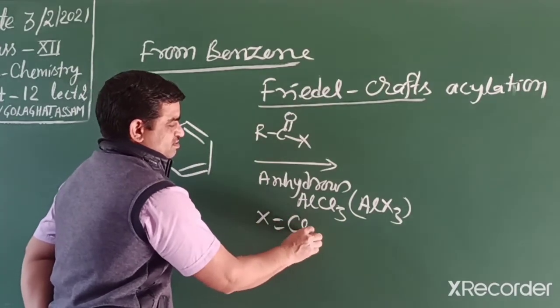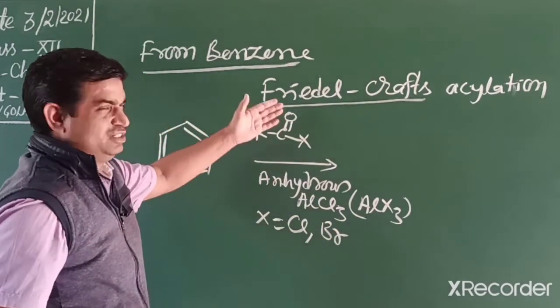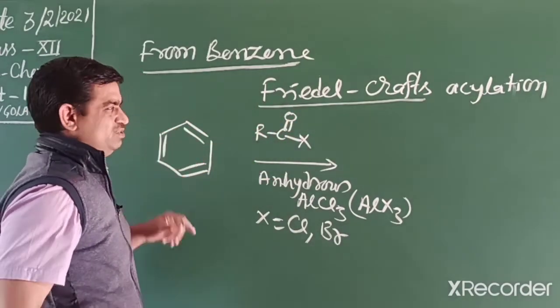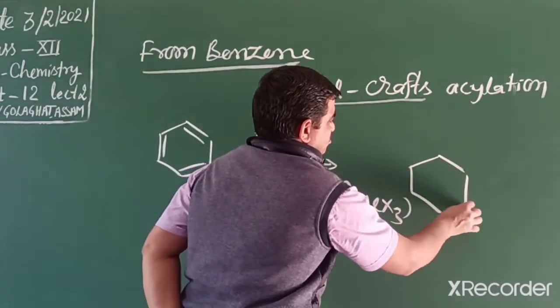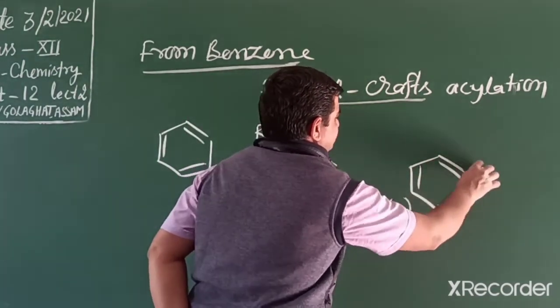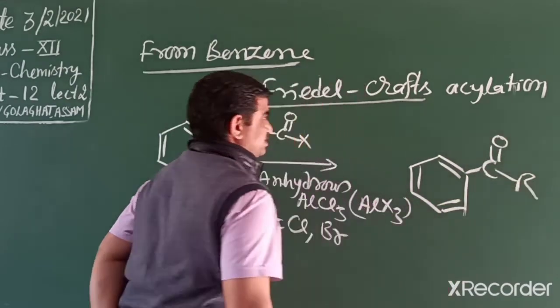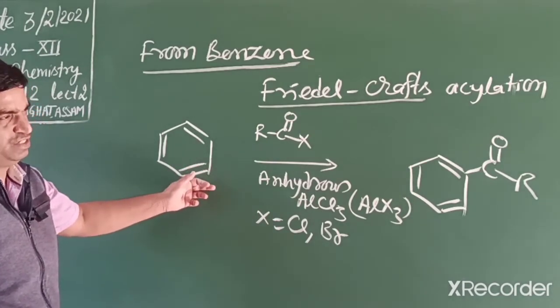Then it forms an electrophile, and benzene is an electron rich system, and the compound converts into the corresponding ketone. This reaction is known as Friedel-Crafts acylation, a very important reaction.